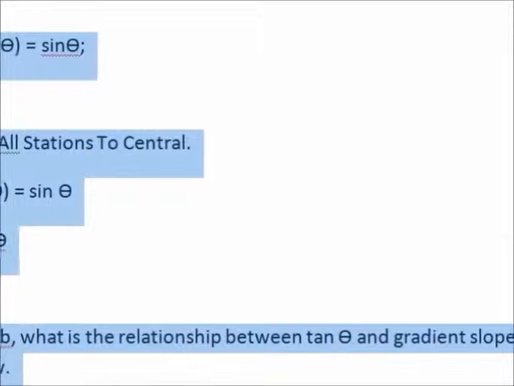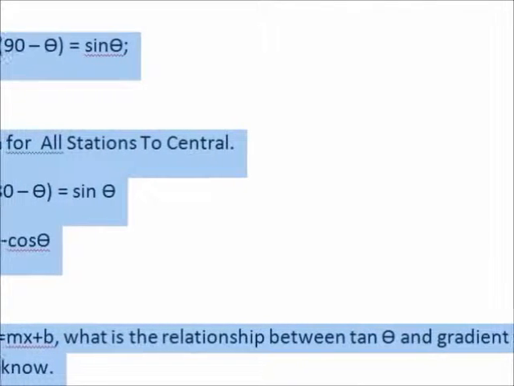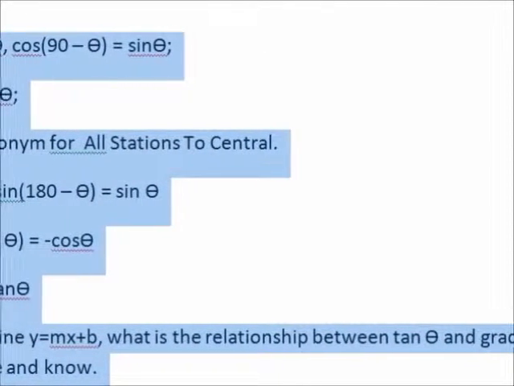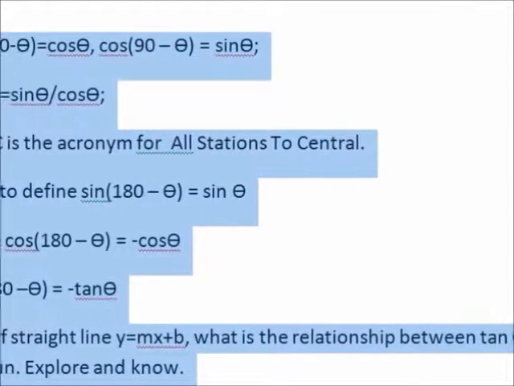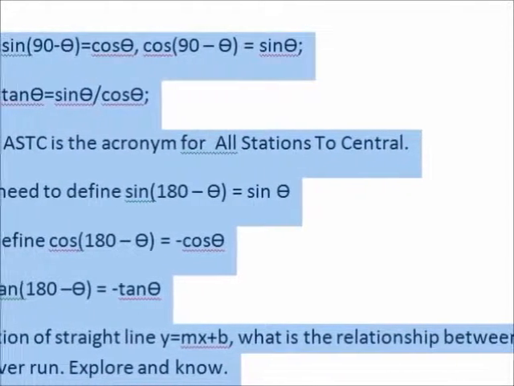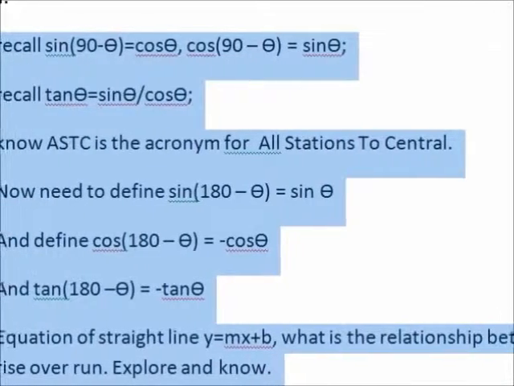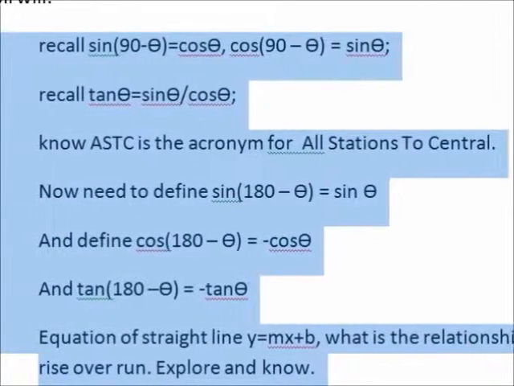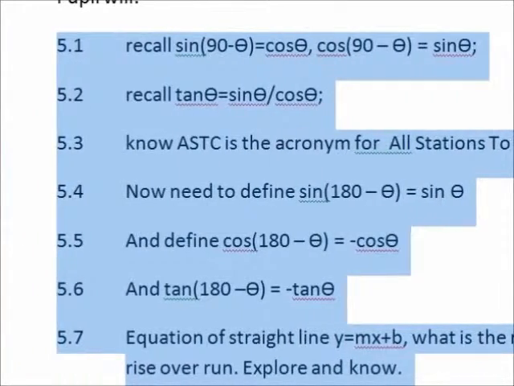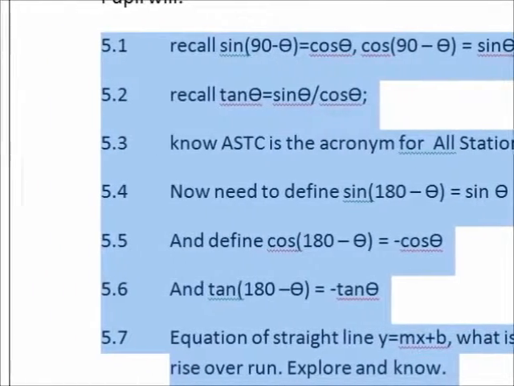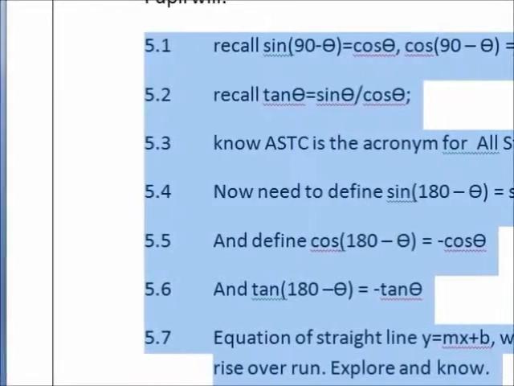So lesson 5 covers that material, plus it's a natural extension into the reflex angles, 180 minus theta. So I introduced the students to a little bit of extended work in this lesson, in case some of them choose to go down the extended path from Year 9.